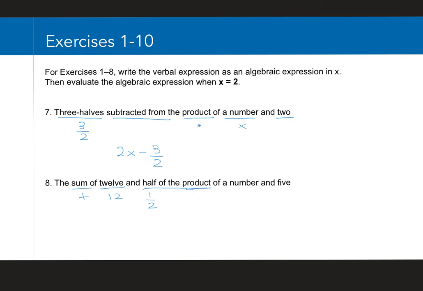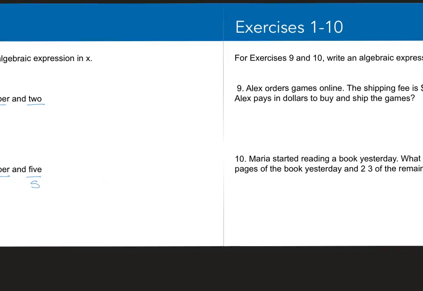The product, which is going to be multiplication of a number, we're going to use x, and then we're going to use 5. All right, so we have 12, we know 12 is being added with half the product of a number and 5. So we know that 5 is being multiplied by x, but we're taking half of that expression.